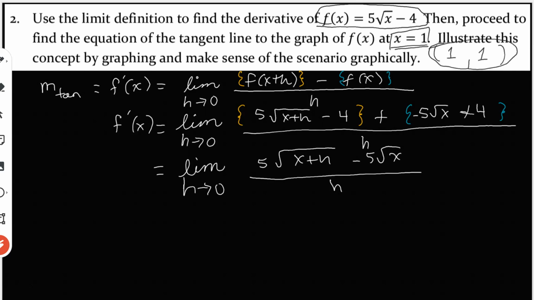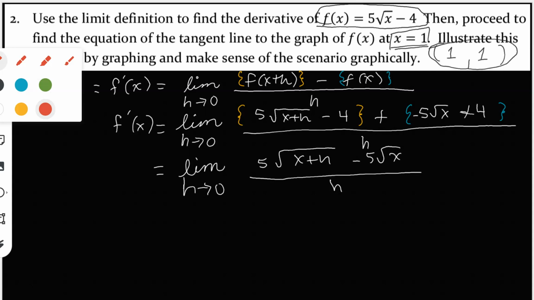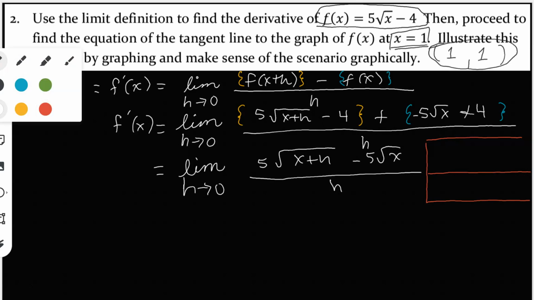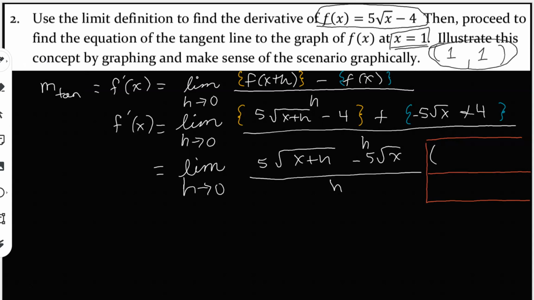However, if we change the way this expression looks, we can do a direct substitution. How do I change the way this expression looks? I'm going to have to multiply by 1 because it's a fraction, right? Which one are we multiplying by? We are multiplying by the conjugate. So we are going to rationalize the numerator.